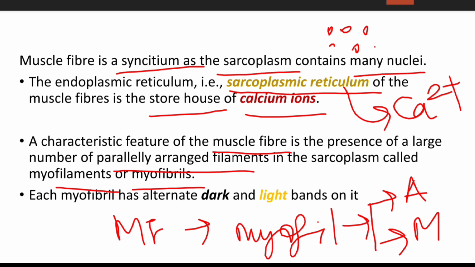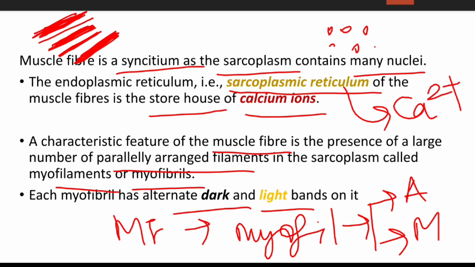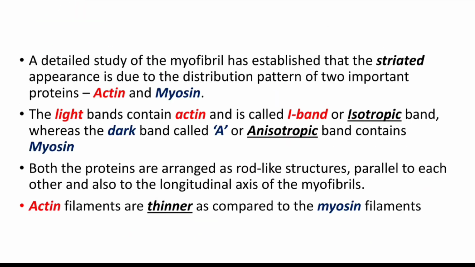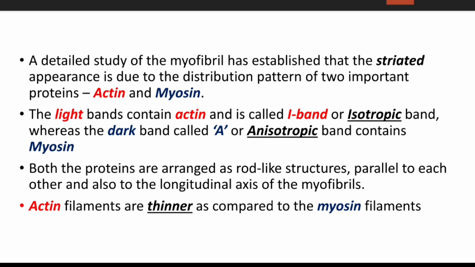Each of the myofibrils has alternate dark and light bands on it, alternately arranged like this. A detailed study of the myofibril has established that the striated appearance is due to the distribution pattern of two important proteins, actin and myosin.